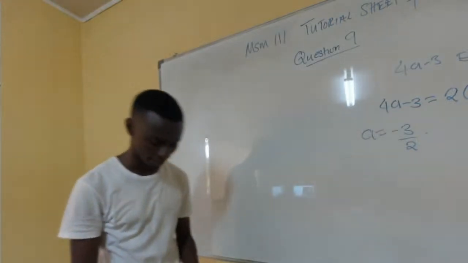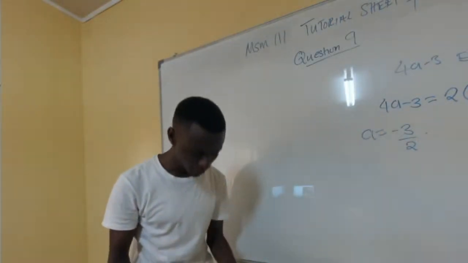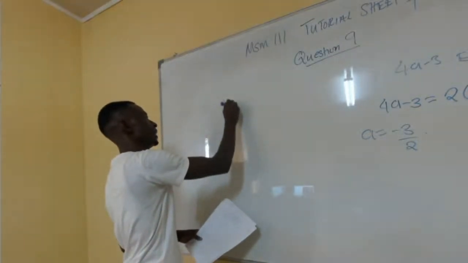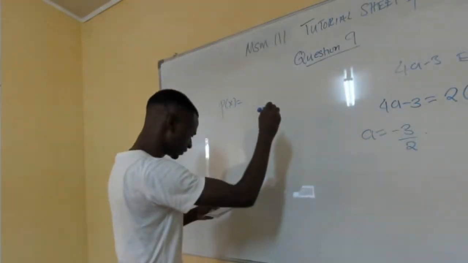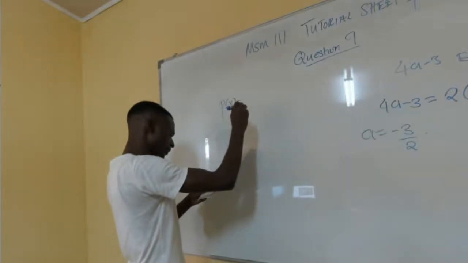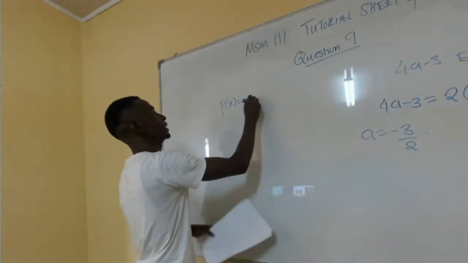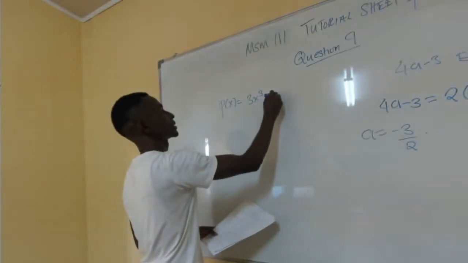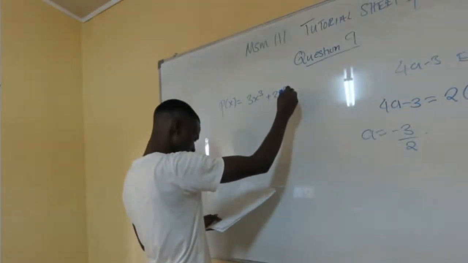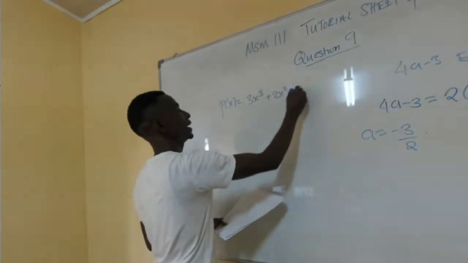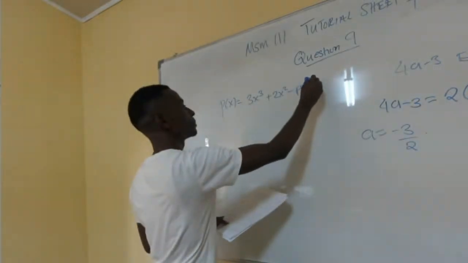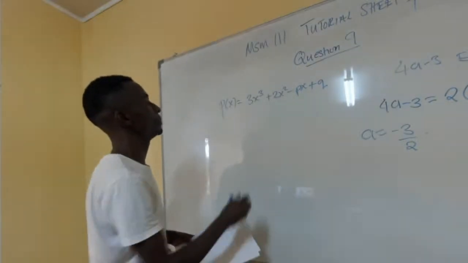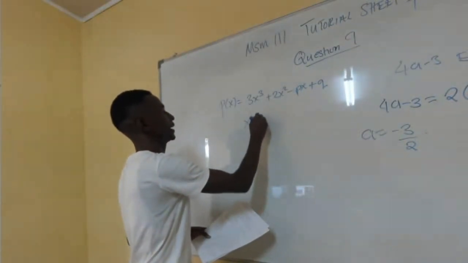What is the question saying? The question is saying the polynomial P(x) equal to 3x cubed plus 2x squared minus px plus q is divisible by x minus 1.